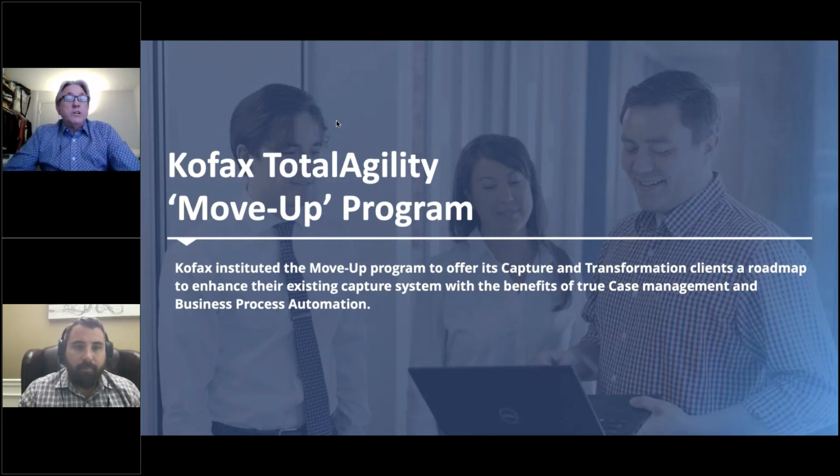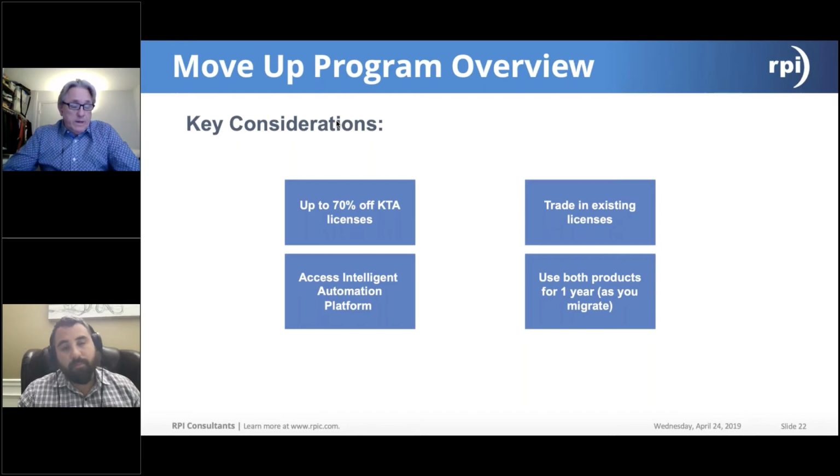So the Kofax TotalAgility Move Up program: Kofax wanted to give its capture users and its transformation users a way to enjoy the benefits of KTA. One of the key considerations is they're giving 70% off KTA licenses, and it allows them to access the intelligent automation platform.